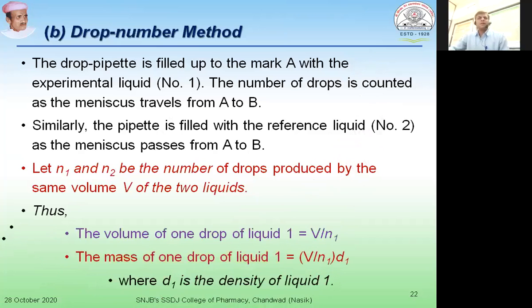So this is important, and because of this you have to remember that the same stalagmometer is to be used for counting the number of drops of the reference as well as the experimental liquid, because the bulb across which you are going to count the drops will vary from one stalagmometer to another, and it will lead to changes in the volume of both the liquids.